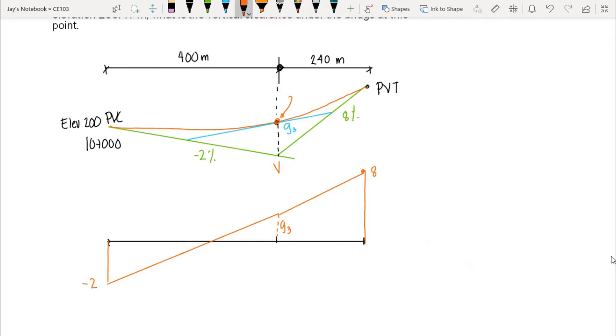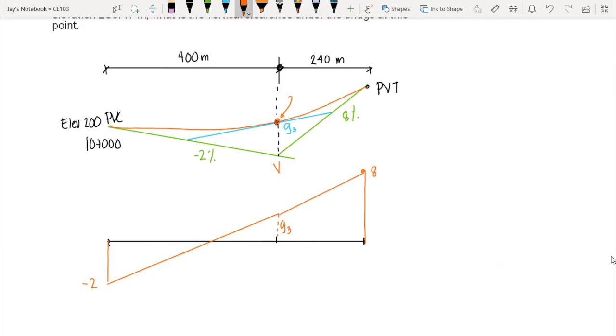As you can see, we have 3 different grades here because we have 2 symmetrical curves being connected. So again, this is not a straight line. There is an abrupt change of grade because we have 2 separate symmetrical parabolic curves here.